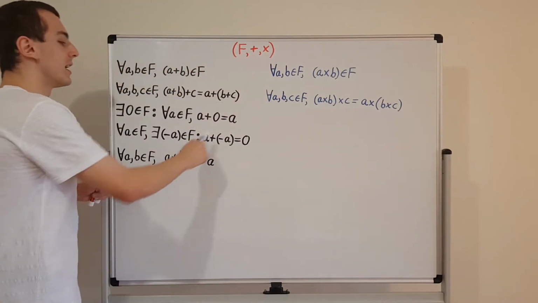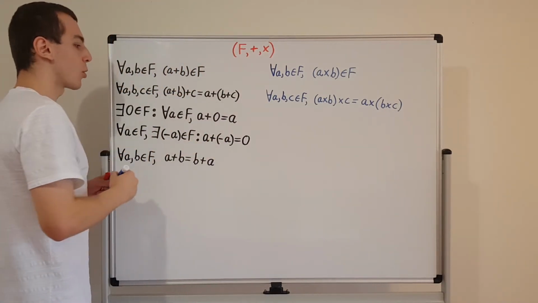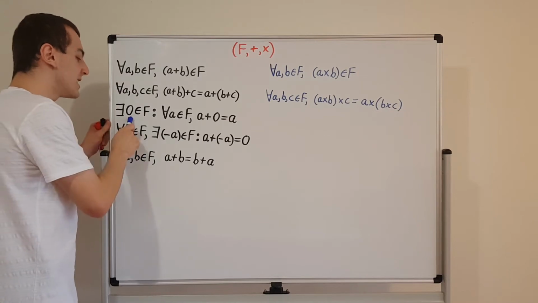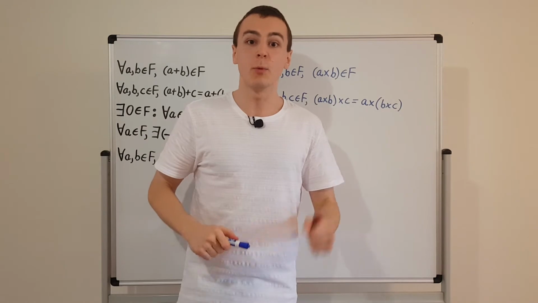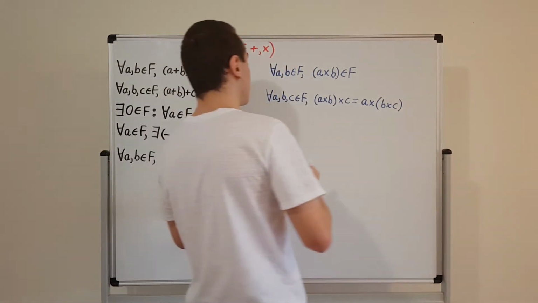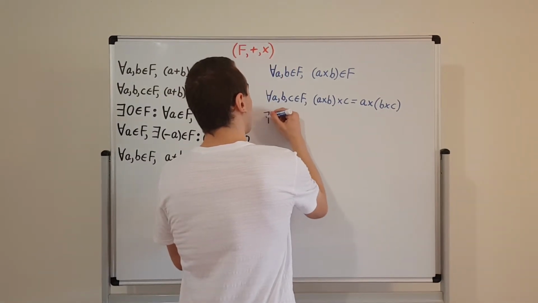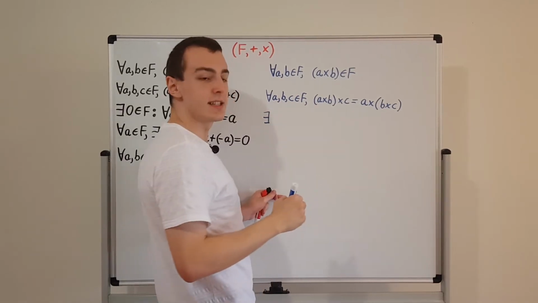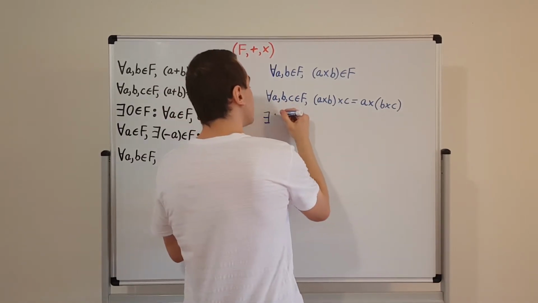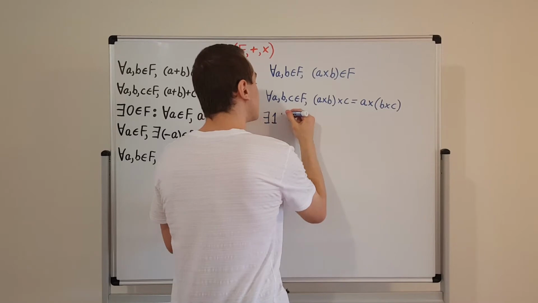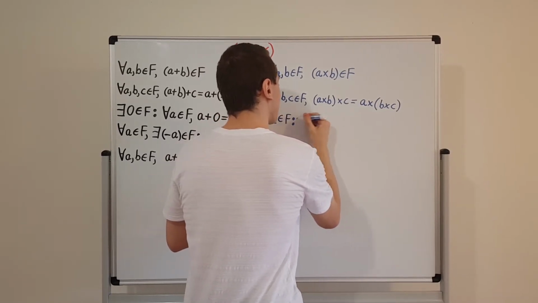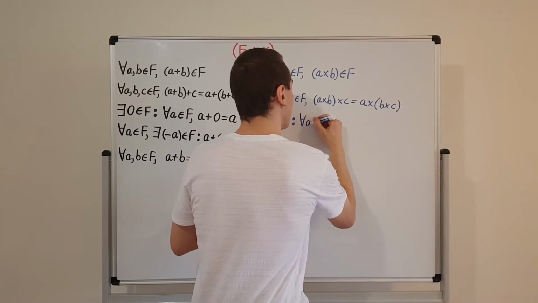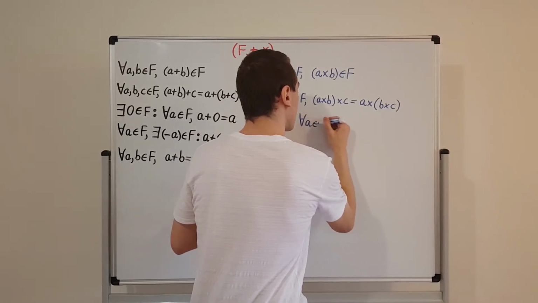Now we're going to have to make some changes when we look at these properties over here. So the additive identity is not the same as the multiplicative identity, but we need there to exist a multiplicative identity. So I'm going to write down there exists a multiplicative identity, and I'm going to denote that identity by 1. So there exists 1 in the field, such that for all elements in the field, what do I want?